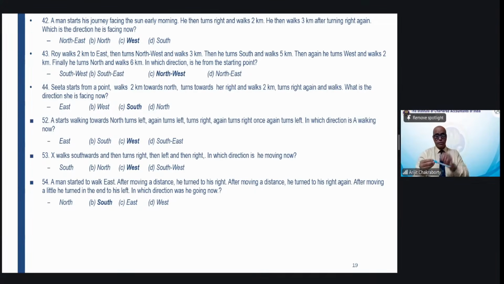So now he is facing the western side. After moving a little, he turned in the end to his left, that is south. If you just follow the directions given in the question, you will see you are moving towards south. South.